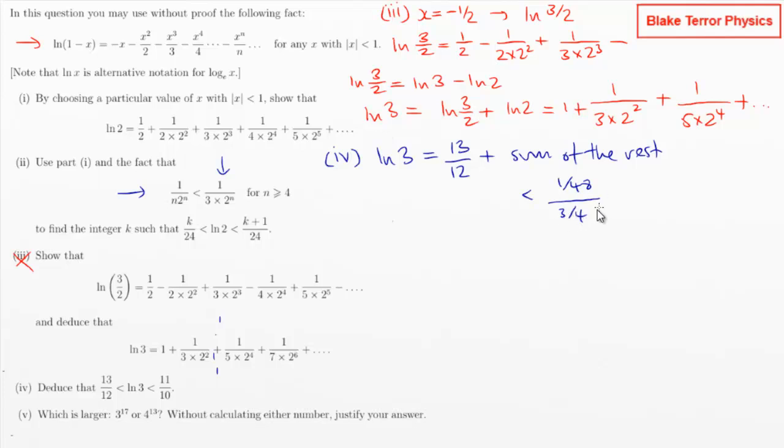So that's going to be put the 4 on top, the 3 on the bottom, so 1 over 36. Yeah, actually that fits with, if we add that to the 13 over 12 plus 1 over 36, so that's 40 over 36. Right, that's not come out at 11 over 10. 40 over 36.